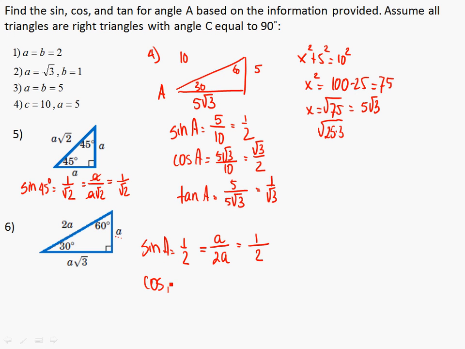So that means that the cosine here will be the square root of 3 over 2, and the tangent here is 1 over the square root of 3. So these can be made to look a little bit funky and weird. As long as you sort of know what you're looking for, it will work out. Okay?